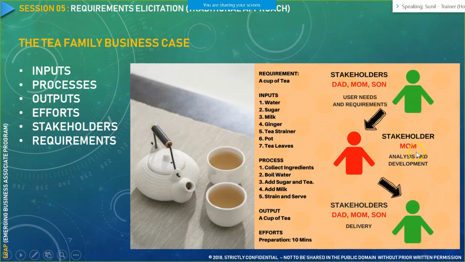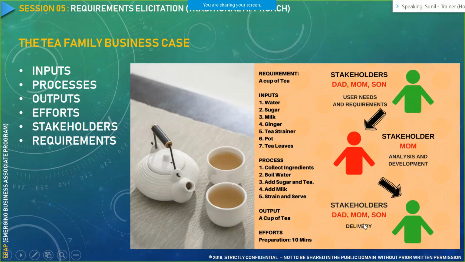After that, in this case, mom is related to your business analyst, who essentially analyzes and develops the initial requirement for that particular tea making process, like the inputs and output. And eventually we deliver the cup of tea to everyone who has demanded that requirement; we do the delivery of that particular requirement.